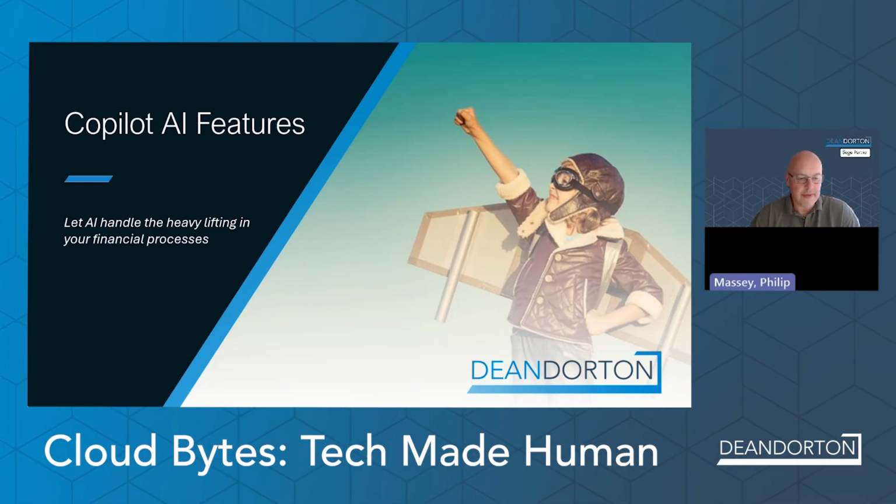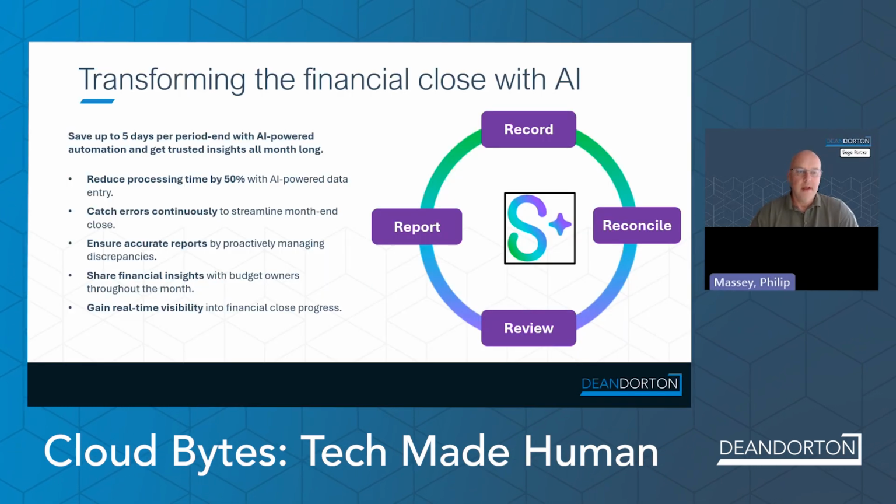So let's jump into it. We're going to talk about some Copilot features. The goal of what Intacct is doing with Copilot is truthfully the same goal that Aaron Harris, Chief Technology Officer and one of the originating founders of the Intacct organization and program, wanted: this concept of a continuous close.